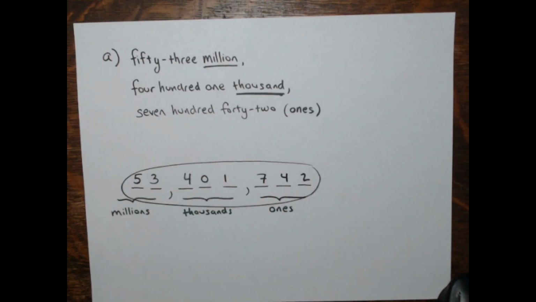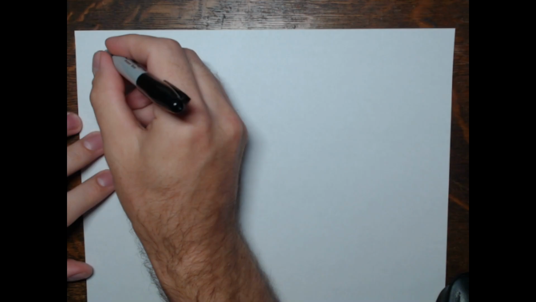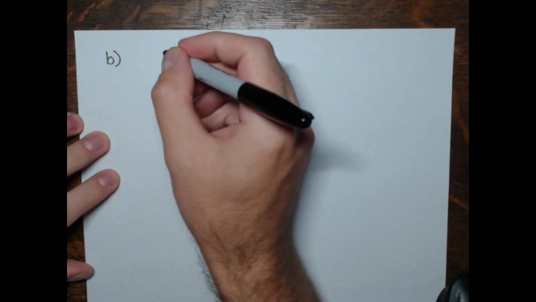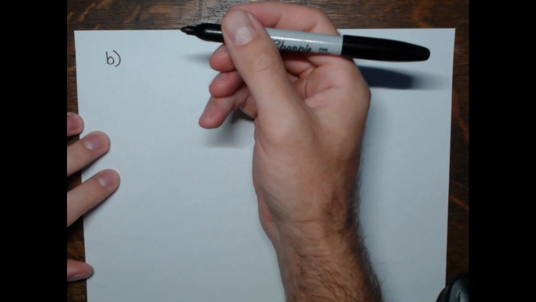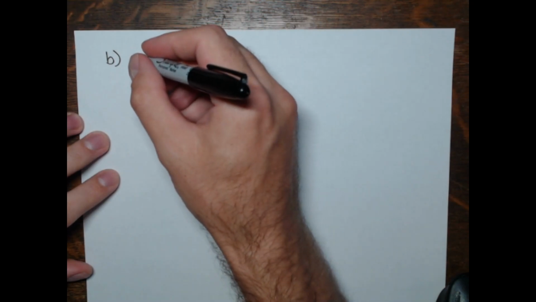All right, and then we'll check the answer in a second. In part B, and there was a part B to this, another name of a number given in words.